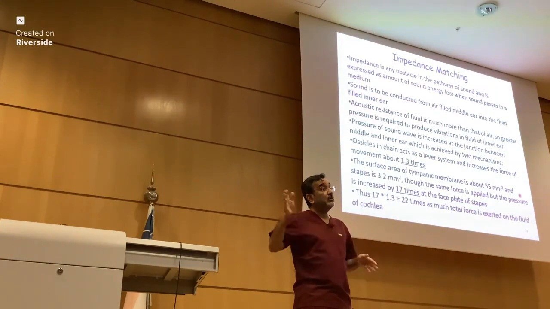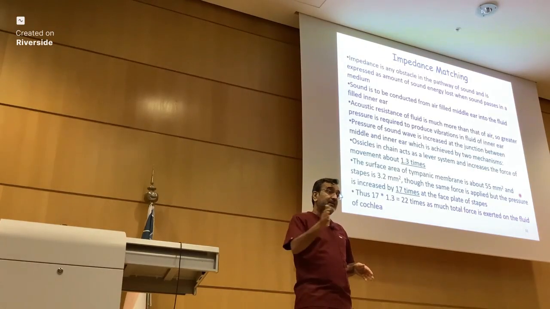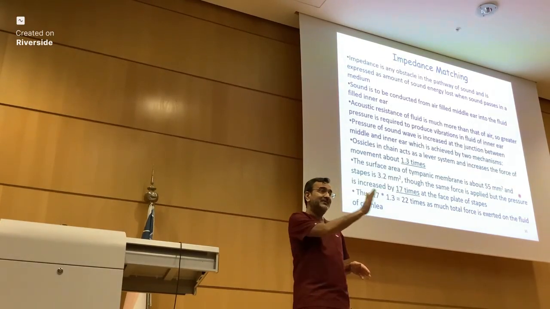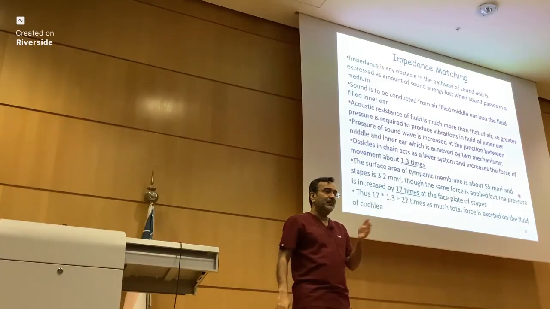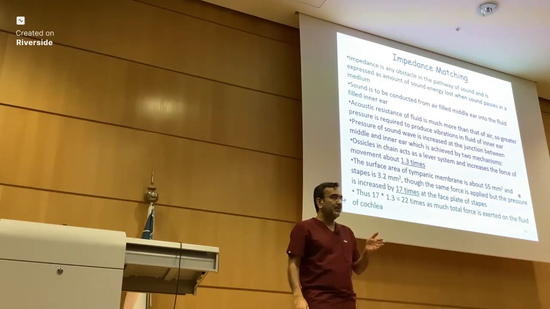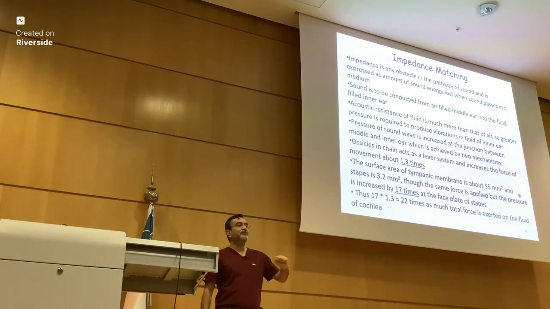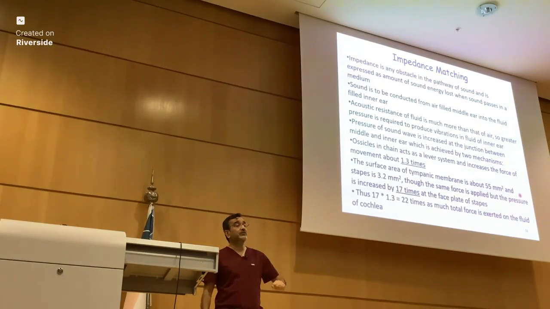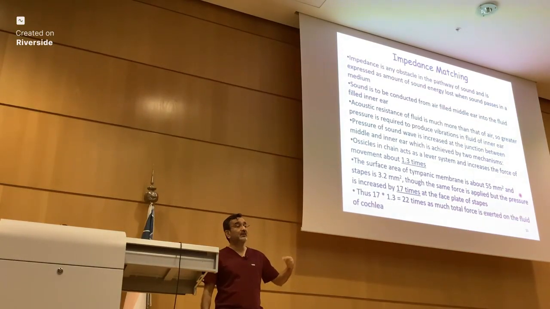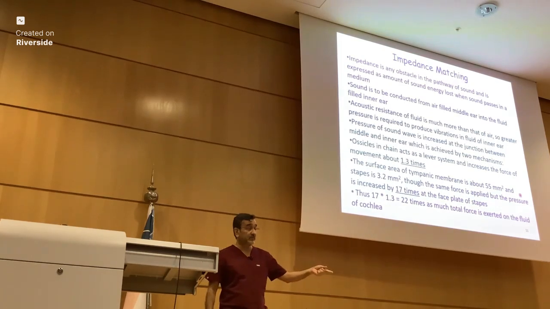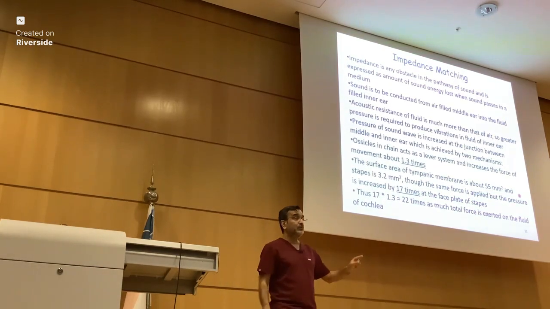Because sound waves initially travel in the air and then hit the tympanic membrane, vibrations are set up in the tympanic membrane, which causes the ossicles to vibrate. Then the footplate of the stapes causes the vibrations to be transmitted into the fluid, which is the perilymph.